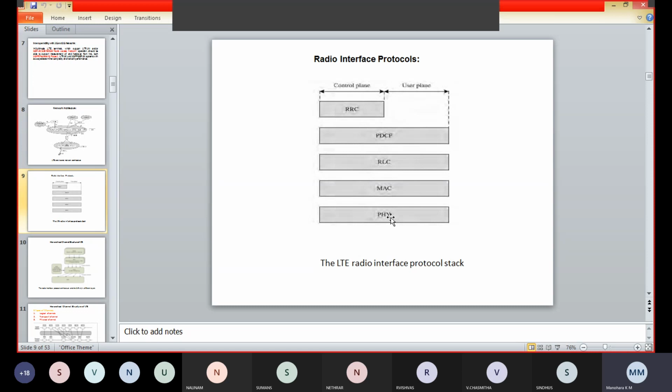So the main functions of this PDCP sublayer include the IP packet header compression and decompression based on the robust header compression, that is ROHC protocol, ciphering of data and signaling, and integrity protection for signaling.